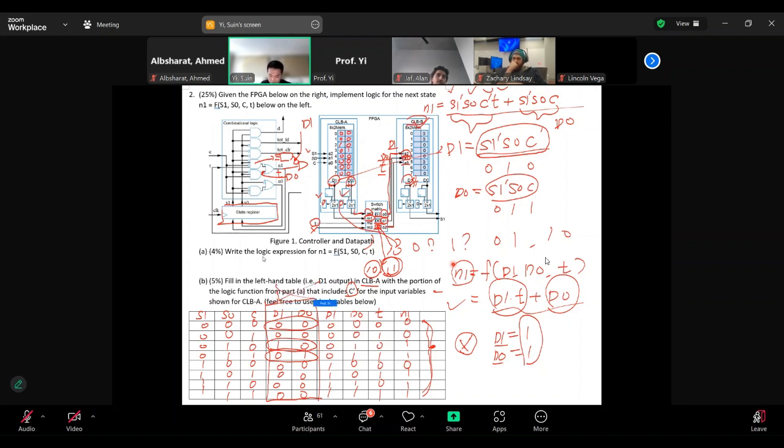So that's why we do not need to really care about when D1 equals 1 and D0 equals 1, that is impossible to happen. So that's why the best answer for the left hand side is 0 1 1 1 0 1 X X.